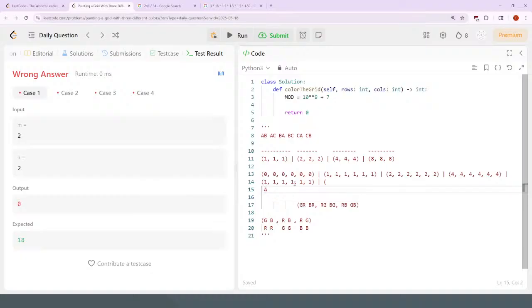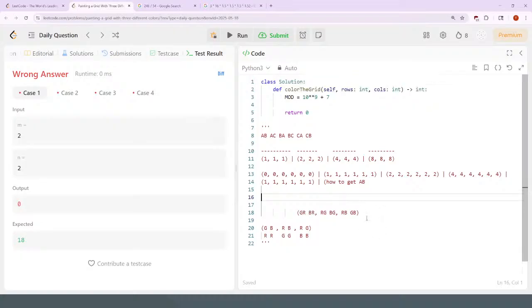So this row has to be an A. AB. So how many ways to get AB? If I think about the corner of an AB, how do I get the corner to be AB?